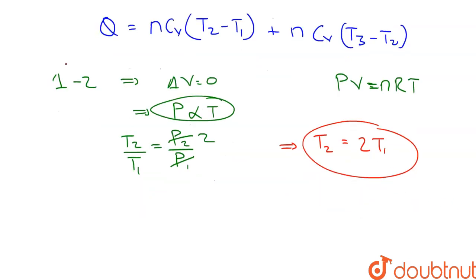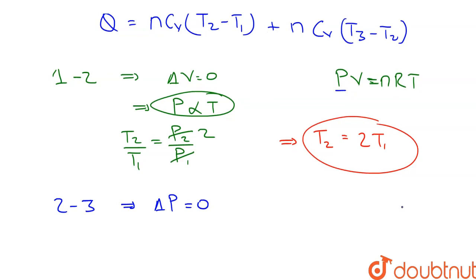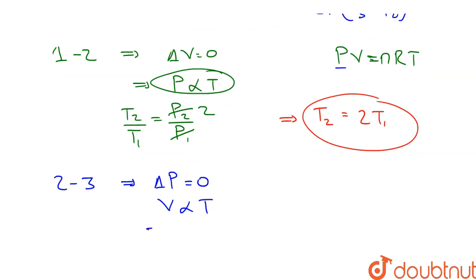Now looking at the second process, that is 2 to 3, which is the constant pressure process, in that case if pressure is constant, then the volume becomes directly proportional to temperature. Therefore we can write T3 by T2 equal to V3 by V2.